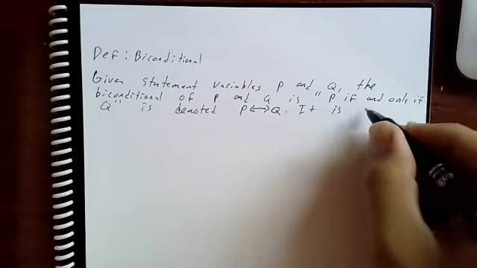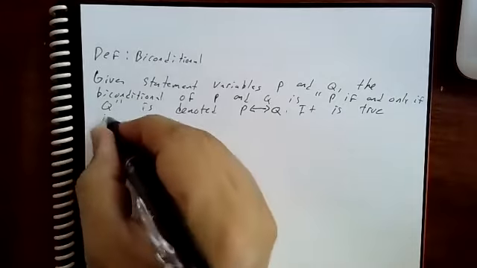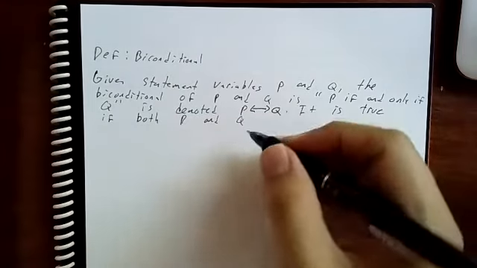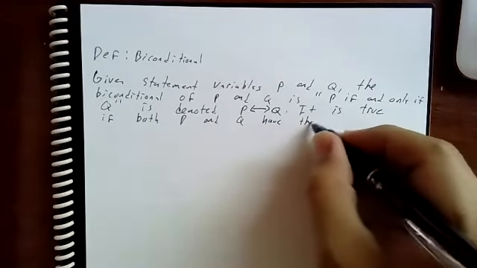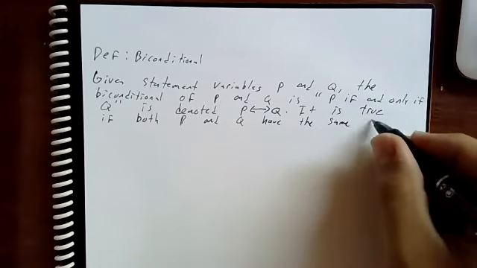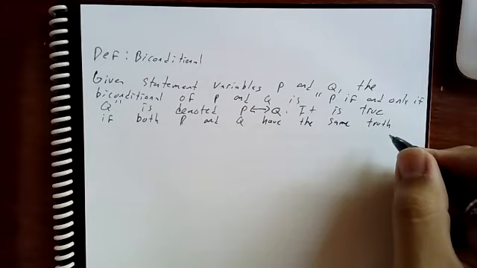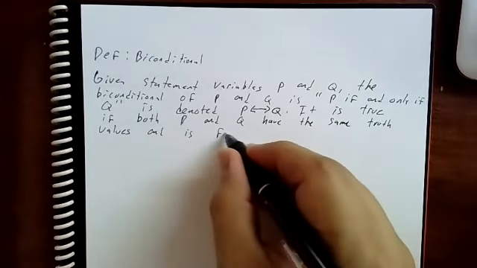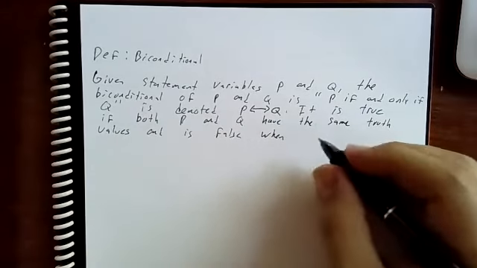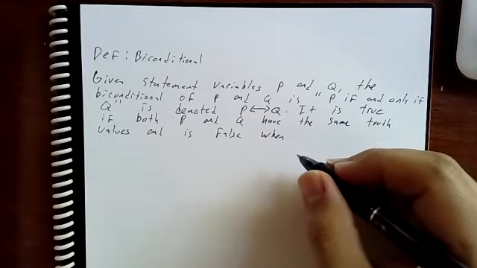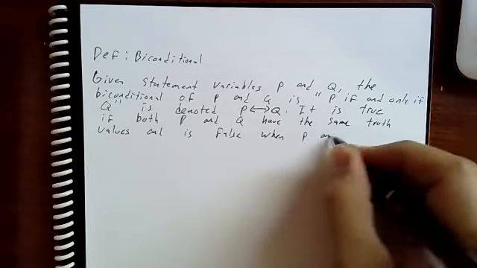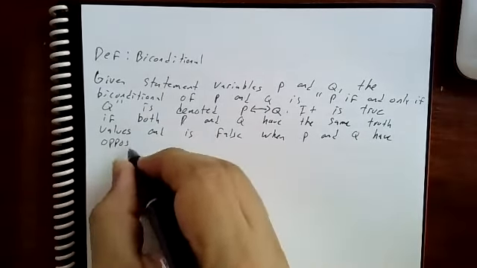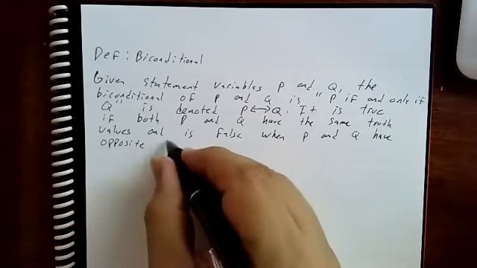So it is true if both P and Q have the same truth values, and is false when P and Q have opposite truth values.